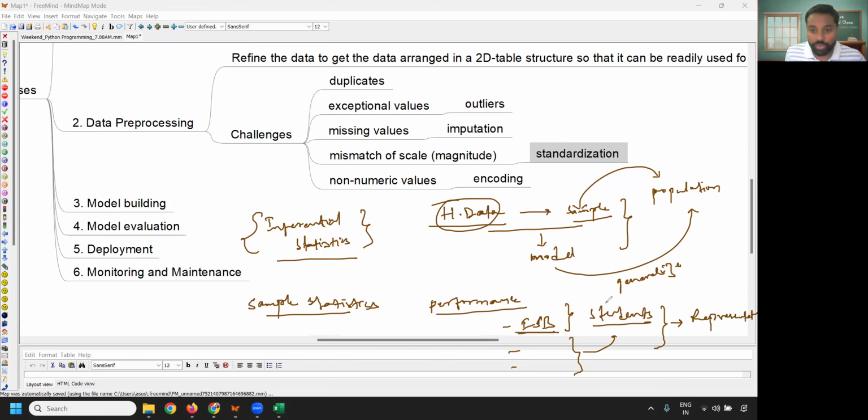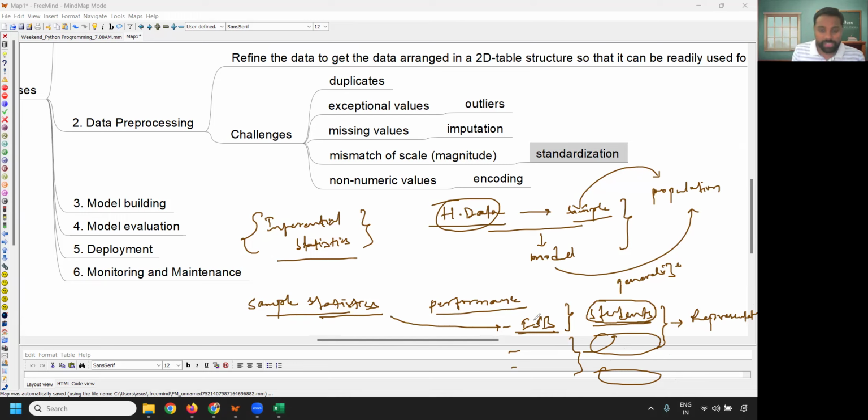And then we will gather statistical evidence from this group of students and try to represent that statistics for the entire university. Any analysis happens this way only, isn't it?